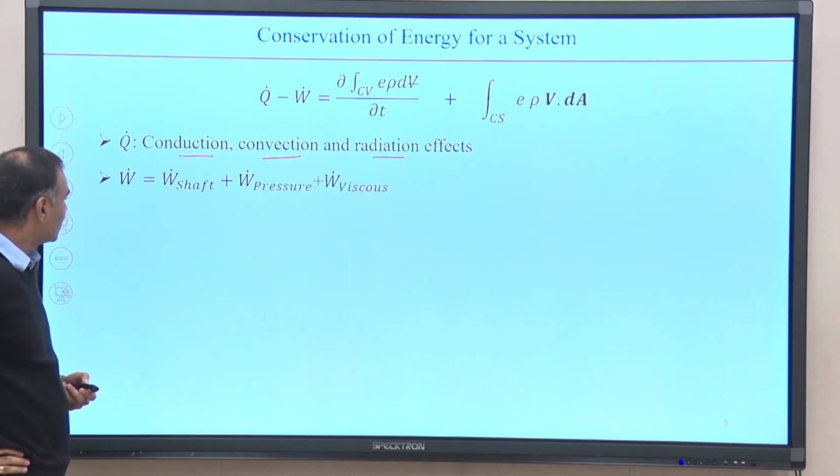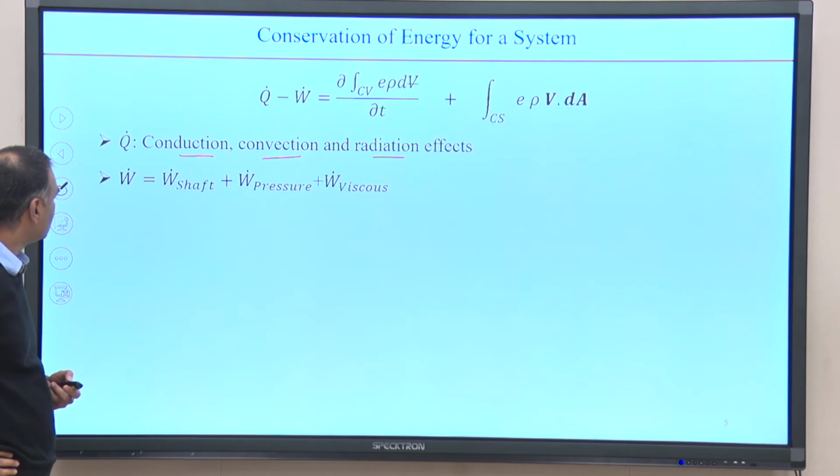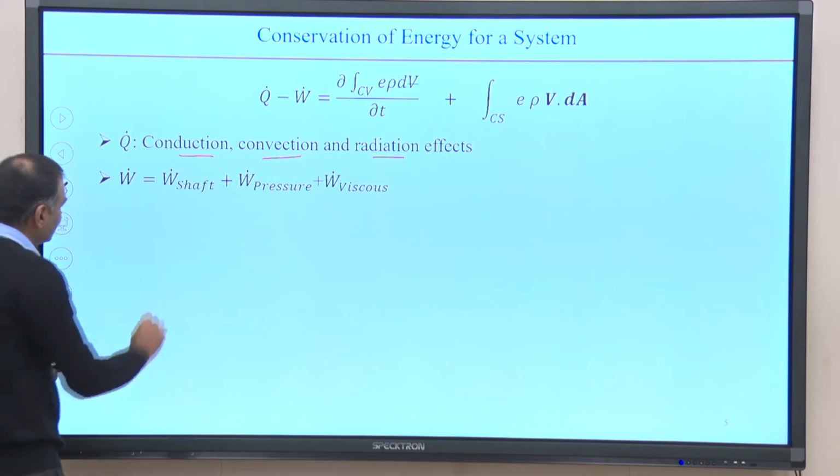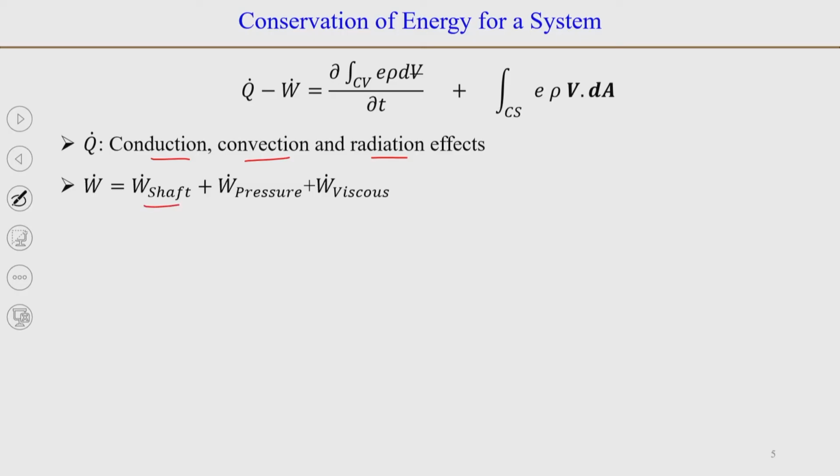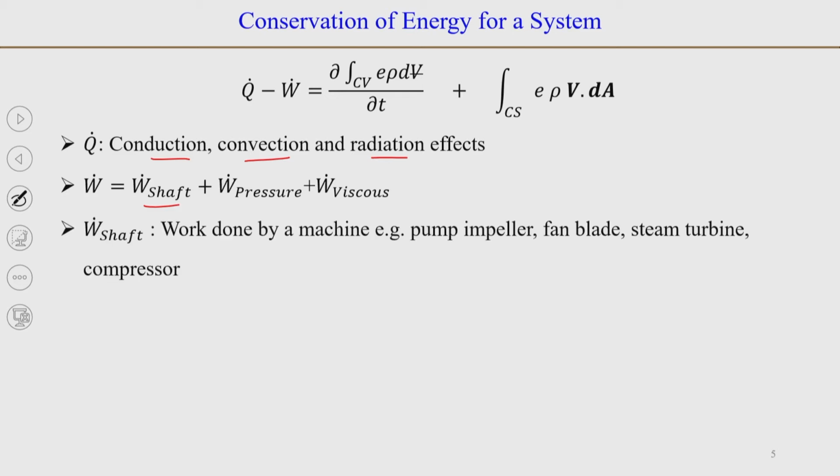Now, the work. W dot can have the shaft work, or work being done by a machine. That is the shaft work, which can be work being done by a pump impeller, or by a fan blade, or a steam turbine or compressors.